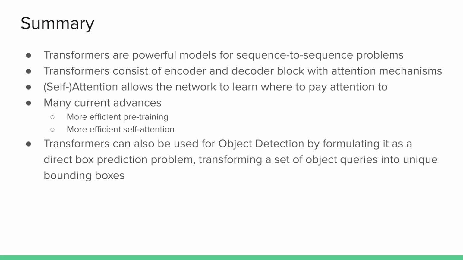That was this idea of not having an output sequence, but object queries that learn where to look in our input image into unique object boxes, these bounding boxes, and had this Hungarian algorithm of this bipartite matching loss, trying to find a unique assignment between sets of boxes.